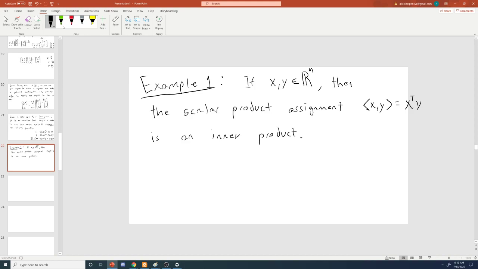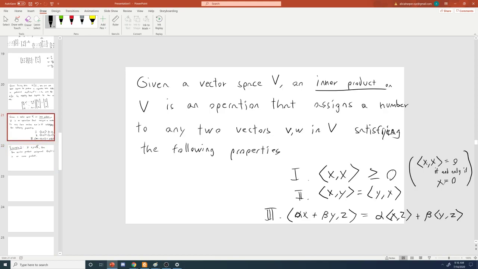And in fact, we've verified all the properties of an inner product already, so there's not much else to say.